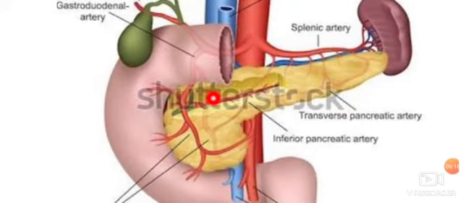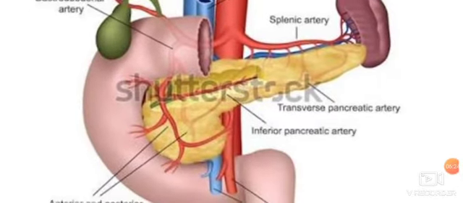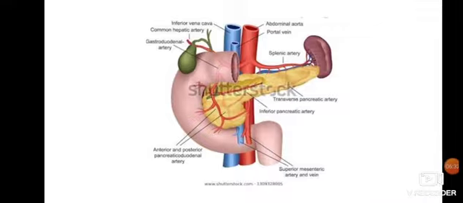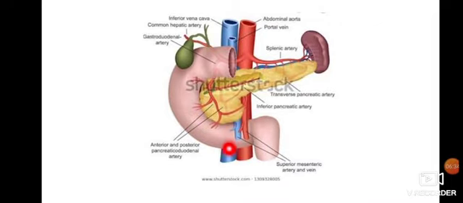This is the inferior vena cava which is passing behind, and again you can see part of the inferior vena cava here. That is the posterior surface relation of the head of the pancreas.